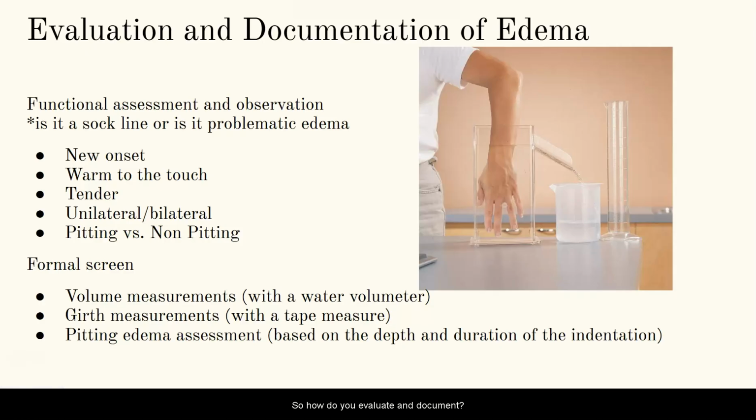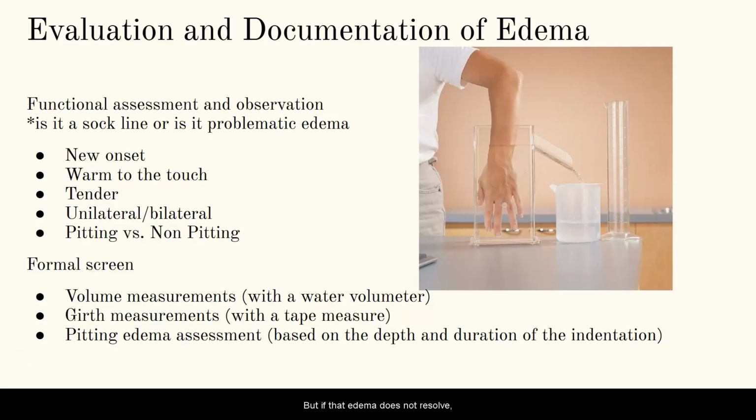So how do you evaluate and document? Use your functional assessment and observation. And this is less about occupational performance, but really just using your eyes on. And identifying, is this a sock line or is this problematic edema? So if it is a sock line, which most of us get with that minimal pressure of an object against our body, if it resolves within 10, 15, 30 minutes, it's not really much of a concern.